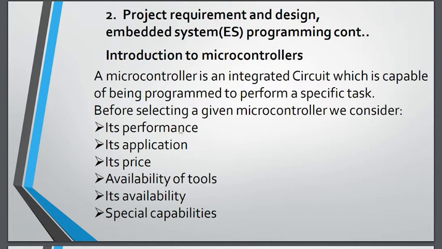Now, let's talk about microcontrollers. A microcontroller is an IC which is capable of being programmed to perform a specific task. Before selecting a given microcontroller, you must take into consideration certain factors. For example, the performance, application, the price, the availability of tools, its availability itself, and the special capabilities.